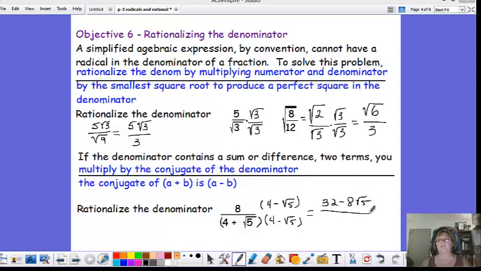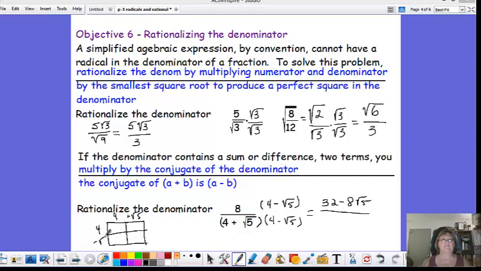The bottom, though, is going to take us something, because we've got quantity times quantity, and I know that some of you are going to remember this very well. When you're multiplying quantity times quantity, it's not just the outside you get, there are some guts there. 4 plus root 5, 4 minus root 5. Remember the box method?